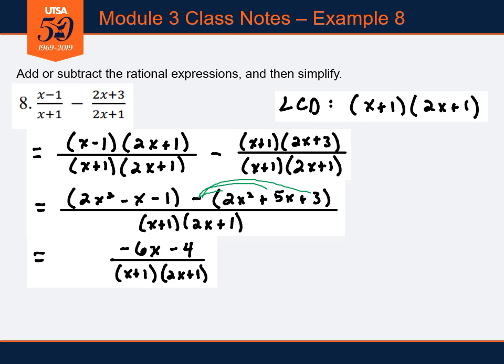And negative 1 from the first numerator minus positive 3, so minus 3 is minus 4. So I've got negative 6x minus 4 divided by x plus 1 times 2x plus 1. And again, if you can factor and cancel, do so. But no cancellations are possible in this case, so this is a perfectly good simplest form that we can use.